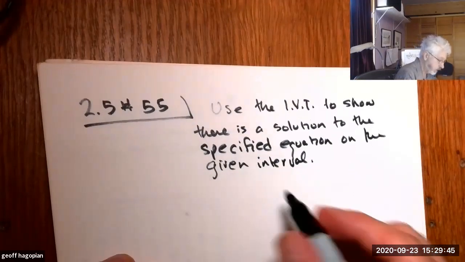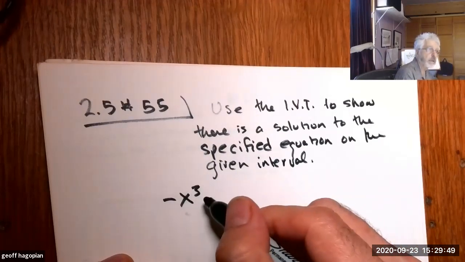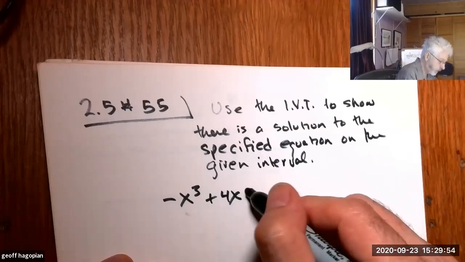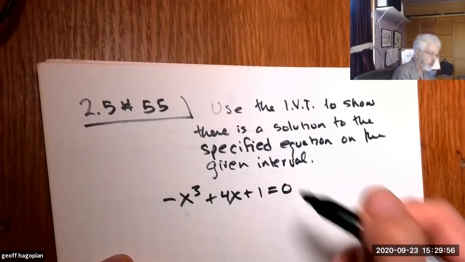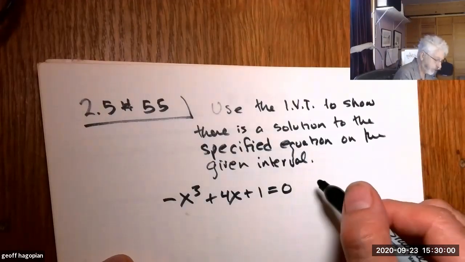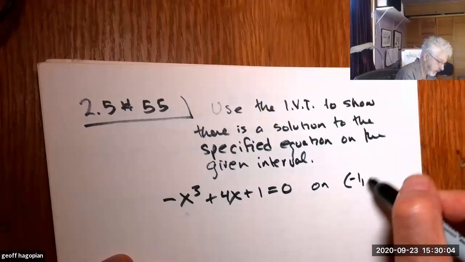Okay, so in this one we've got negative x cubed, it's a cubic, plus 4x plus 1. Omar Khayyam had some things to say about the cubic. And this is on the open interval from negative 1 to 0.